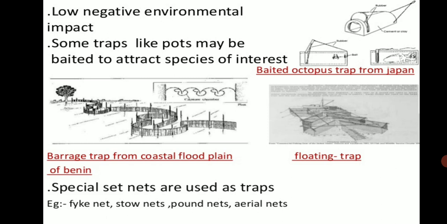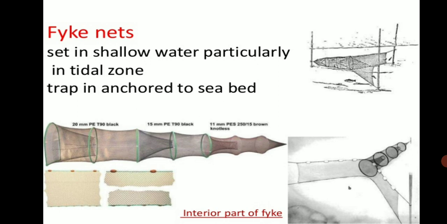Set nets are also used as traps: fyke net, shore net, stow net, pond net, aerial net. Fyke nets are set in shallow water, particularly in a tidal zone, fixed to the seabed.